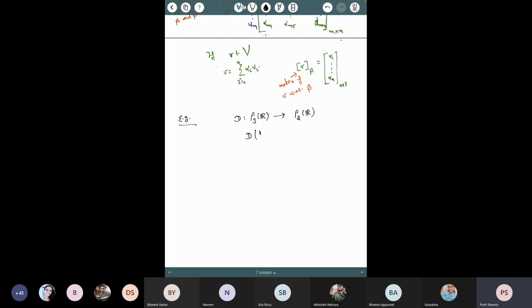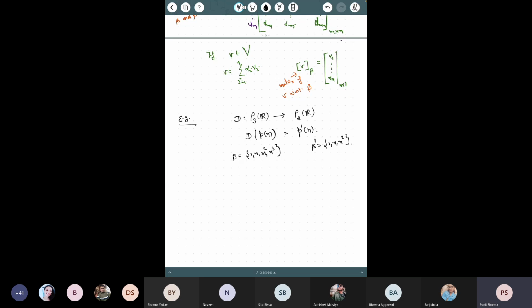It is the derivative map which sends every polynomial to its derivative. This is a linear transformation, which you can verify. To find the matrix, we first have to fix two bases, one for the domain and one for the codomain. Let's say for the domain, I will fix this basis 1, x, x square, x cube, and for the codomain, I will fix this one: 1, x and x square.